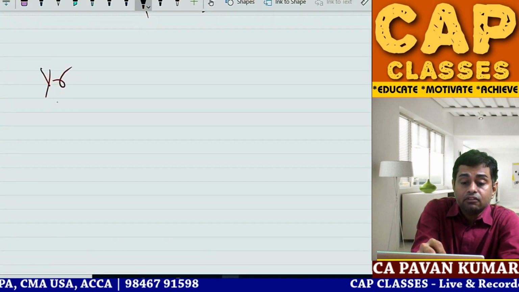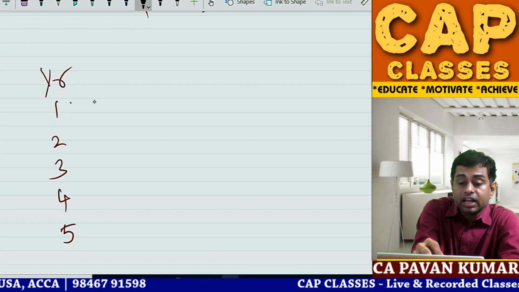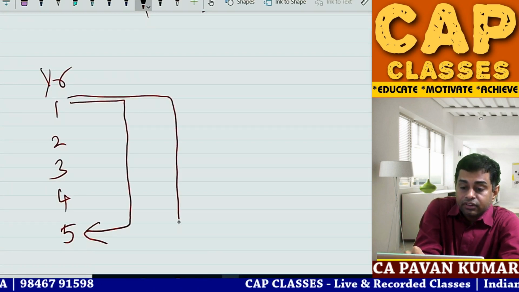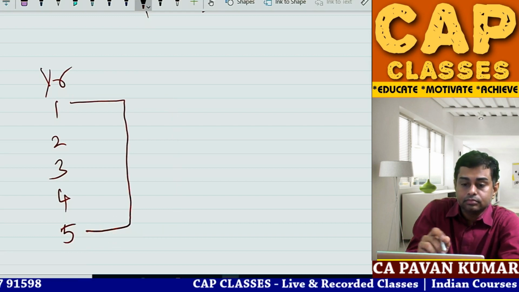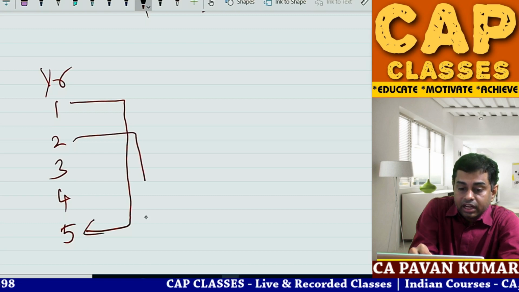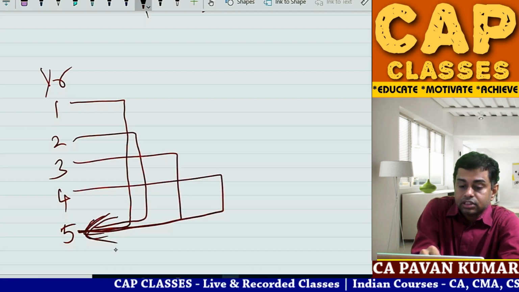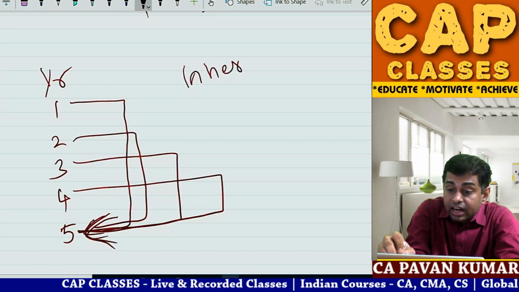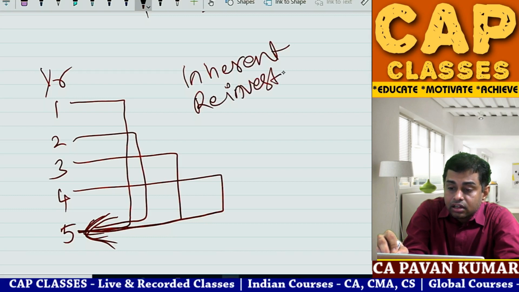So year 1, 2, 3, 4, 5, whatever cash flows you are earning, they will be reinvested. So this is called the inherent reinvestment assumption.